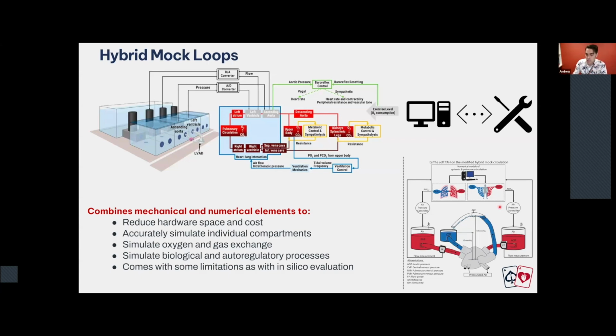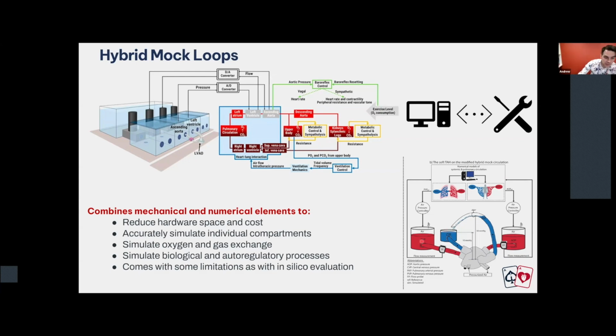And then you can see there's a bunch of sensors that go into a numerical model, which are simulating what's happening in the lungs. And so based on what's happening in the lungs, based on the simulations and based on the sensor feedback into the model, this adjusts the pressure before and the pressure after the heart in those reservoirs.